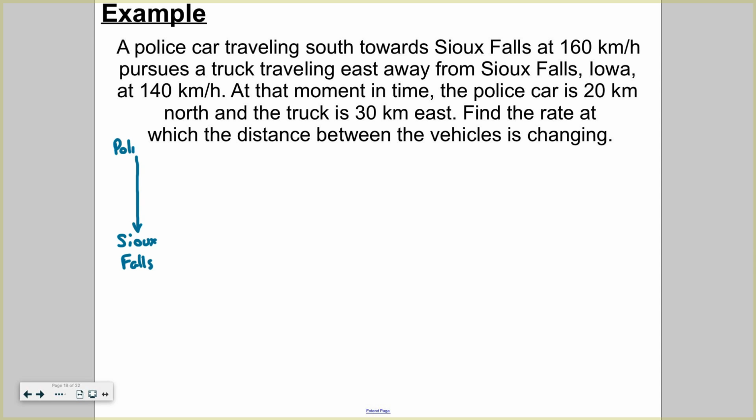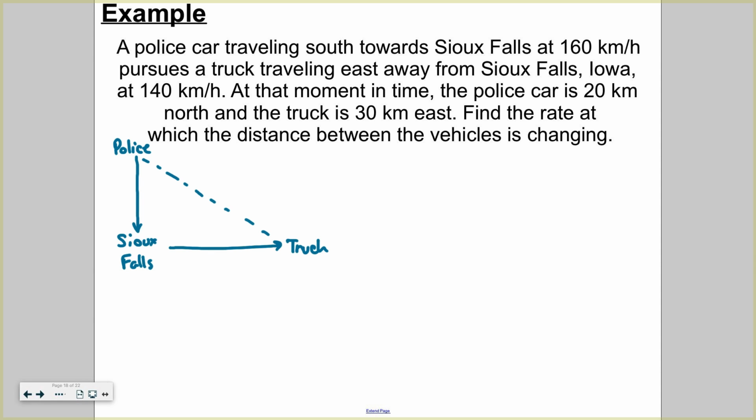And then police, the popo. And then a truck traveling east, traveling away from Sussex Falls. So truck is going east, away from Sussex Falls. And we want to figure out how fast the distance in between them is changing.